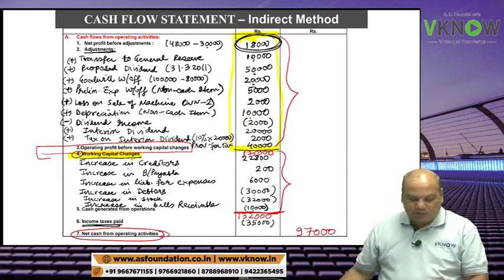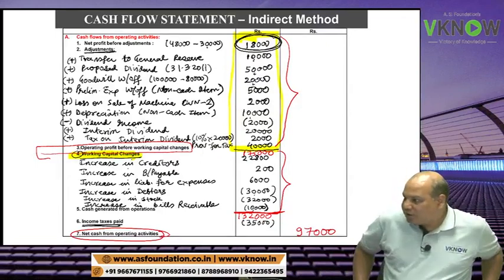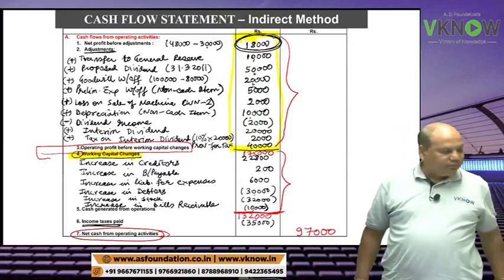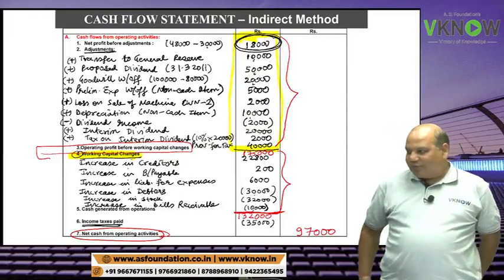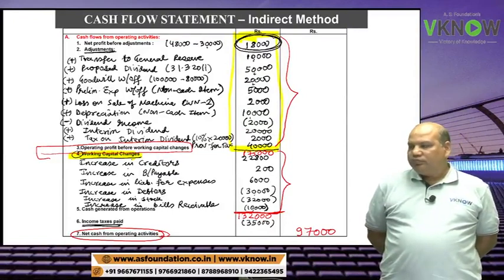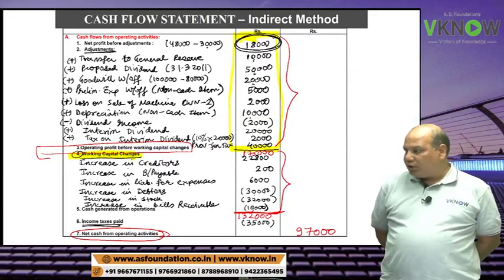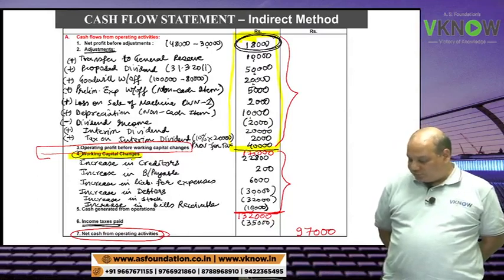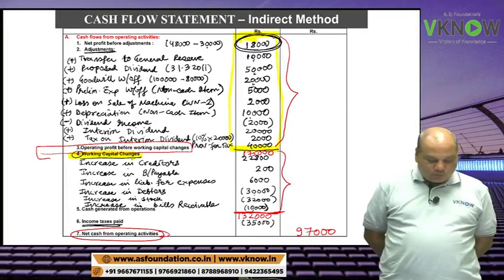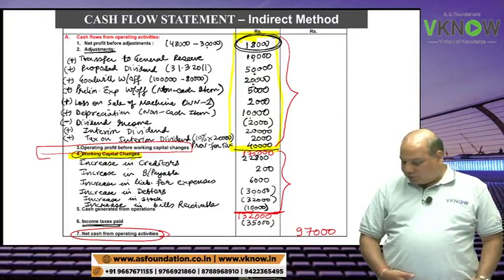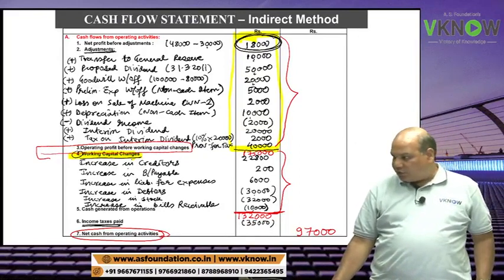This is the main part. This is the main calculation. 97,000. Check the calculation. 97,000 is your cash flow from operating activity. Okay, minus 35,000, you get 97,000.